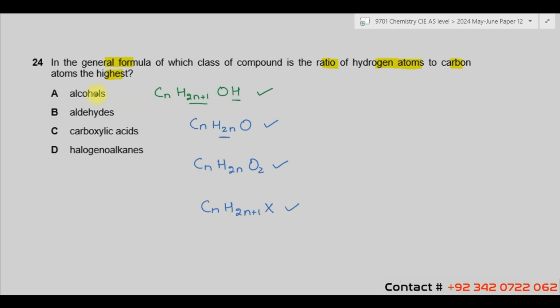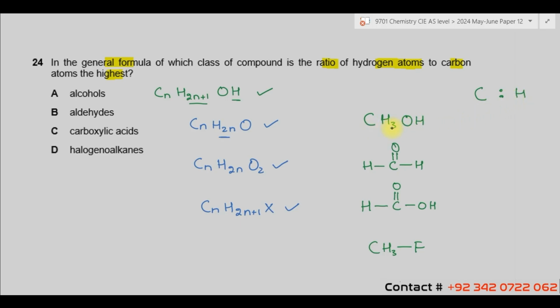Let's find out the ratio by looking at the real formulas of the smallest compounds possible. So for alcohols, we have one carbon alcohol, CH3OH. One carbon aldehyde, HC double bond O, H. One carbon carboxylic acid, HC double bond O, OH. One carbon halogen alkane, let's suppose we have CH3F. Alright, let's look into the ratio of carbon and hydrogen atoms.